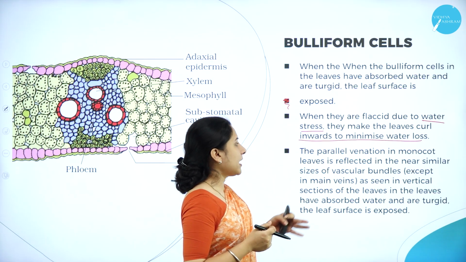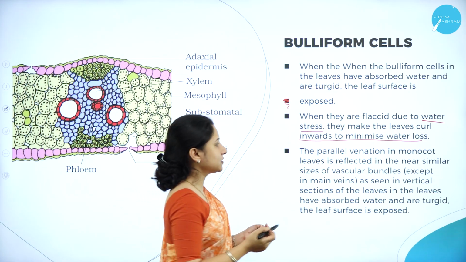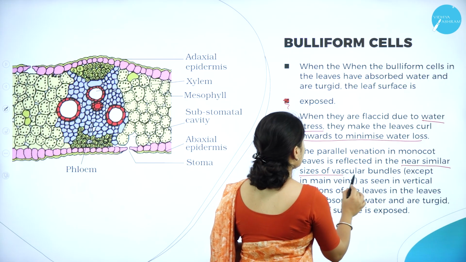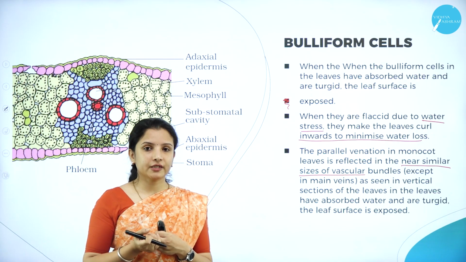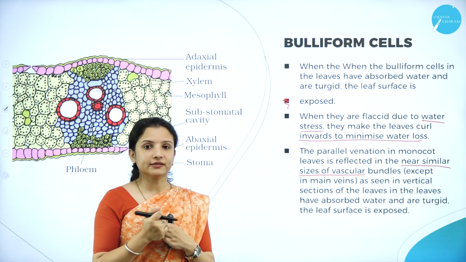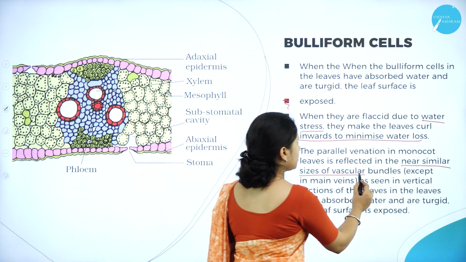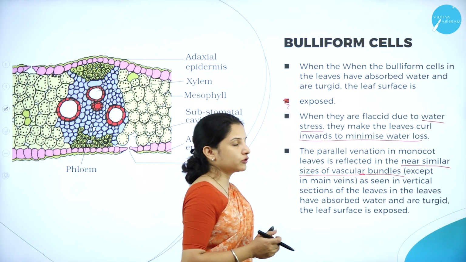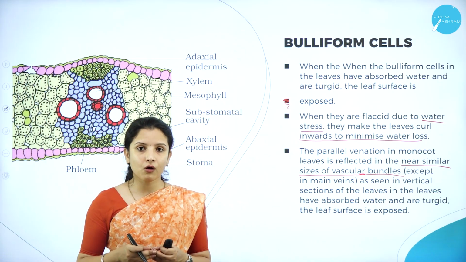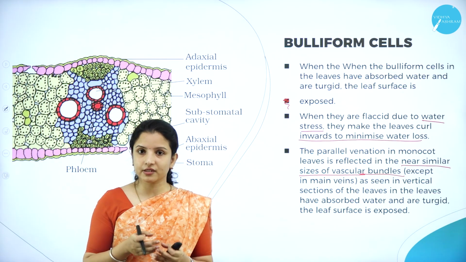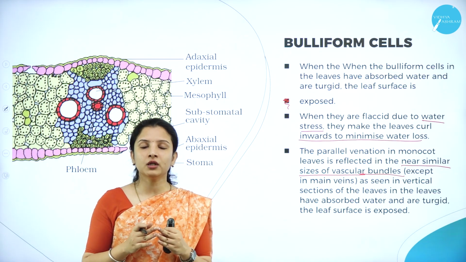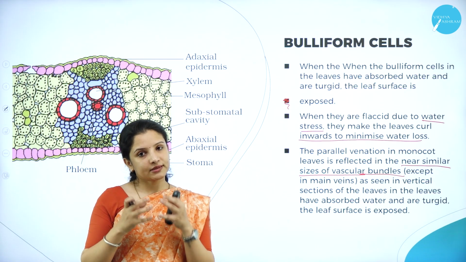And next, the parallel venation in monocot leaves. Here, as I told you, there is one more difference when talking about the vascular bundles. In monocot leaves, almost all the vascular bundles, that is the xylem and the phloem, or the vascular bundle as a whole, are the same in size.